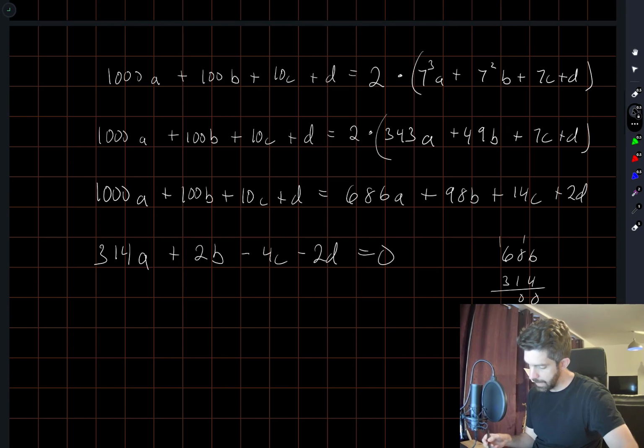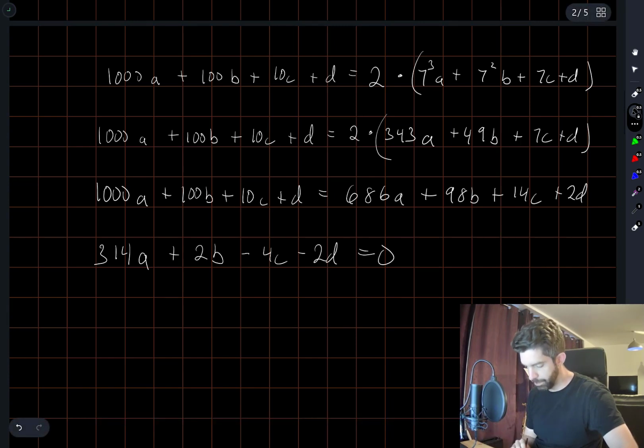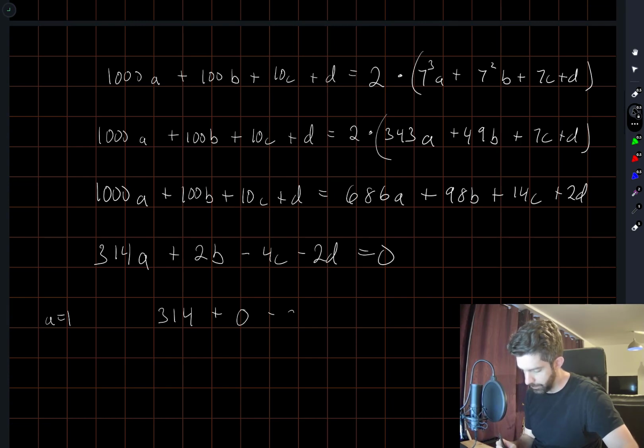Okay, and we can see now that it's pretty clear that A has to be equal to 0. If A is equal to 1, I'll never be able to find values of B, C, and D between 0 and 6 that work. Clearly, let's make this as close to 0 as possible: plus 0 minus 24 minus 12, not even close to 0.